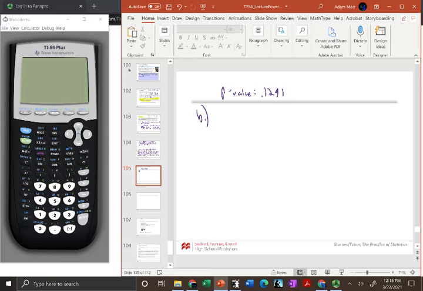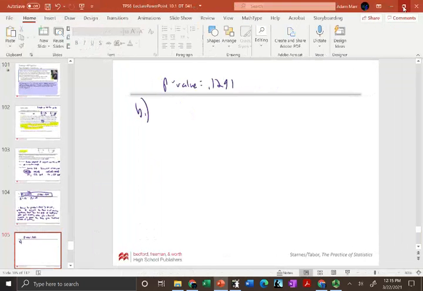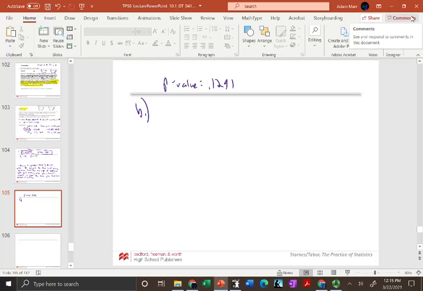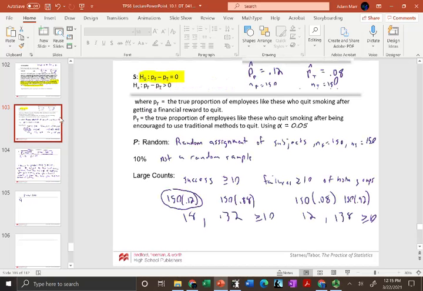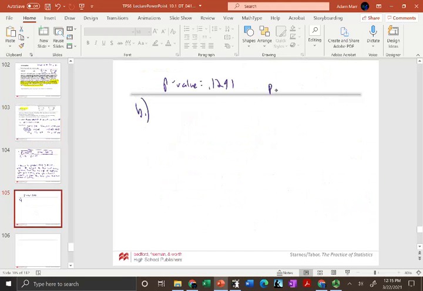And what we also need to interpret the p-value is the sample proportions that we had right here. So p hat of the incentive group is 0.12, p hat of the traditional group is 0.08. And the difference is 0.12 minus 0.08, which is 0.04.